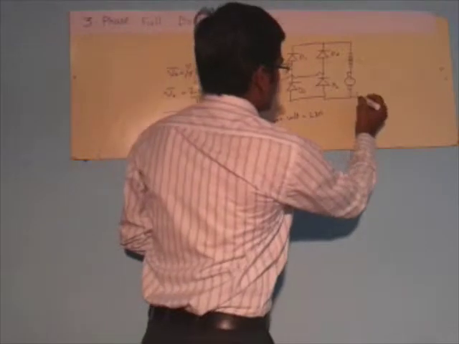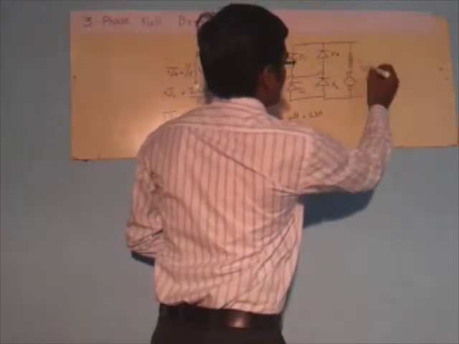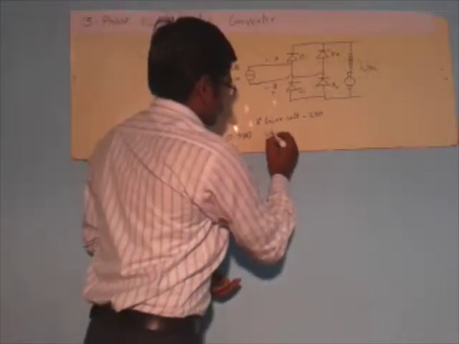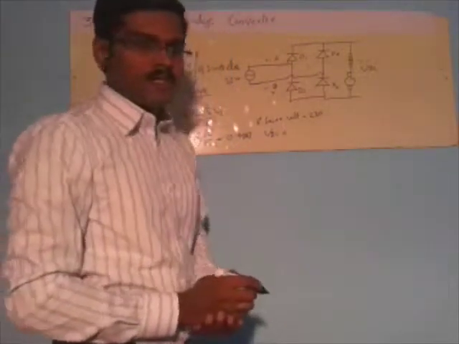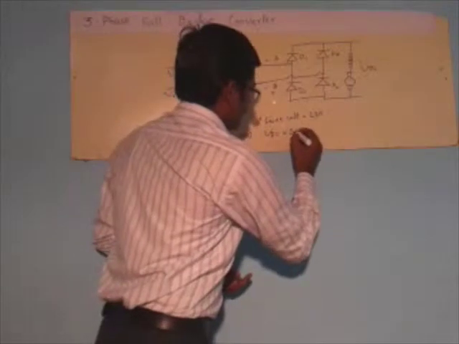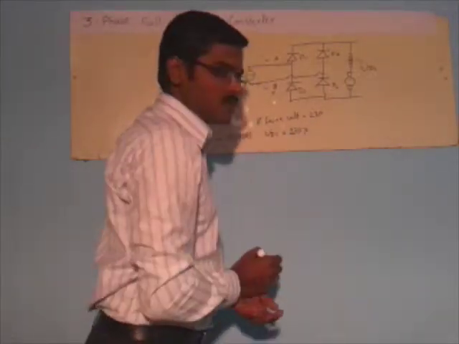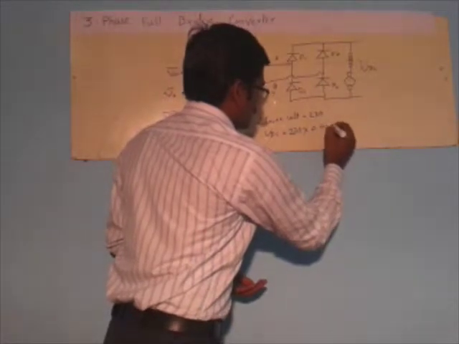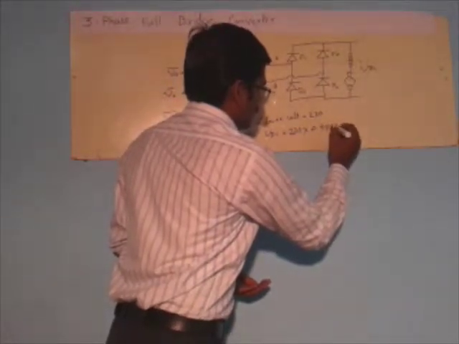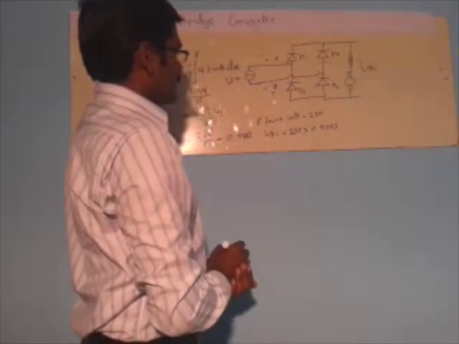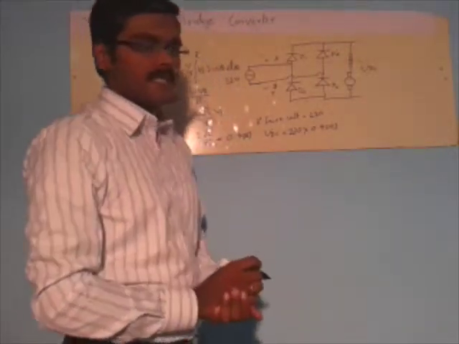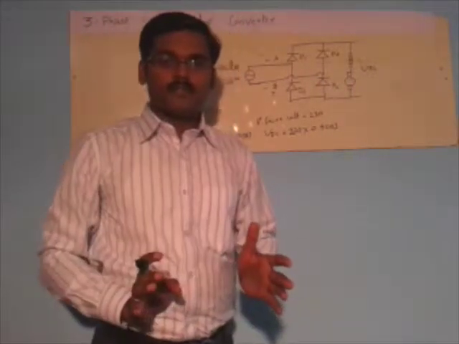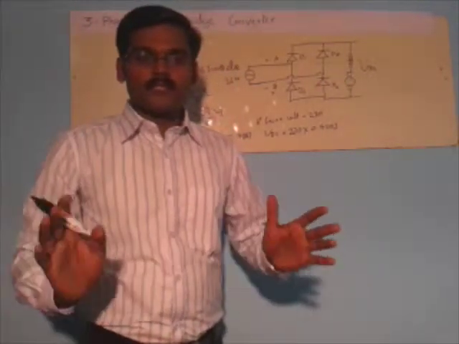Here we will get VDC. VDC equals how much? 230 into 0.9003. That is VDC. That is pulsating DC, not filtered DC.